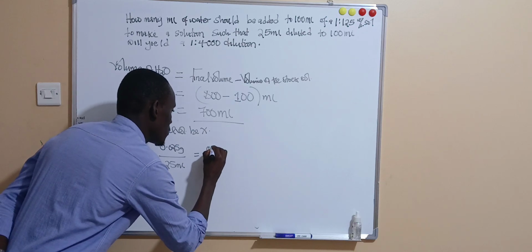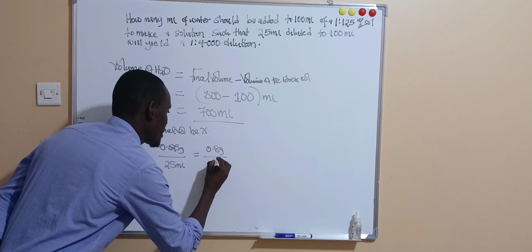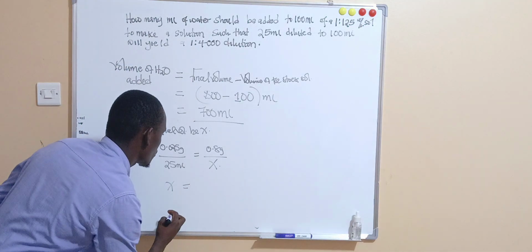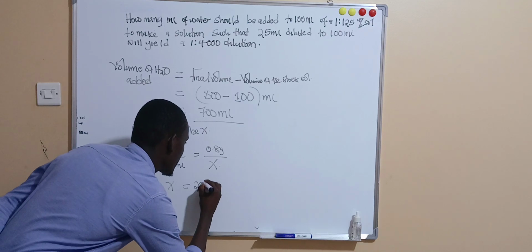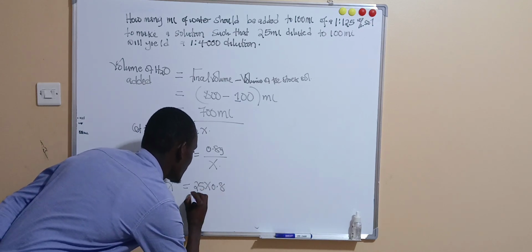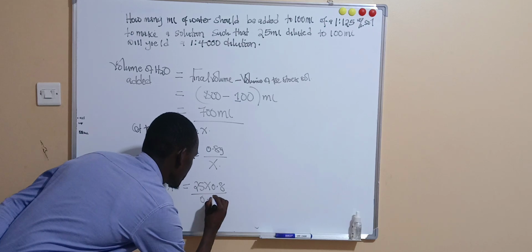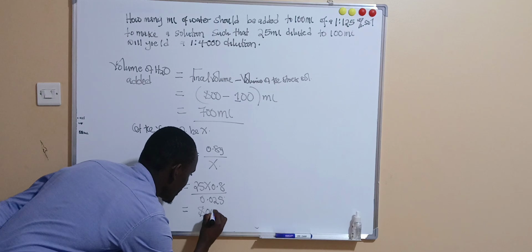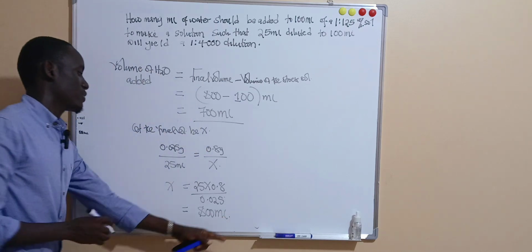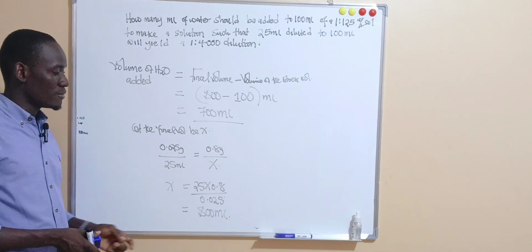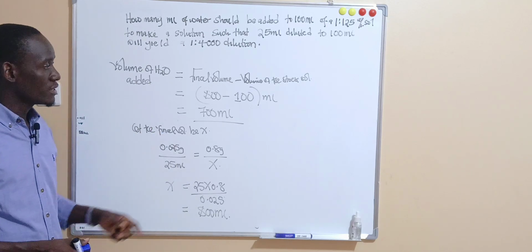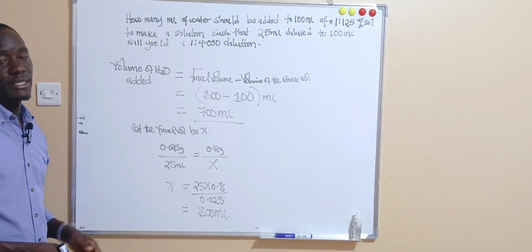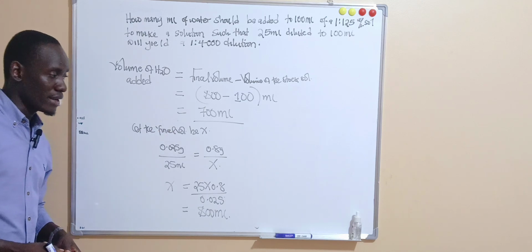Now, the 0.8 grams will give us x. So now our x is going to be equal to 25 times 0.8 being divided by 0.025, which will also give us 800 mils. And we shall have the difference between this and 100, which will also give us 700 mils of water. So let us look at our next example.